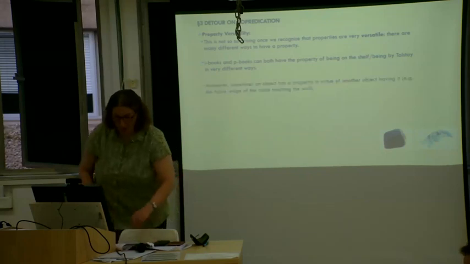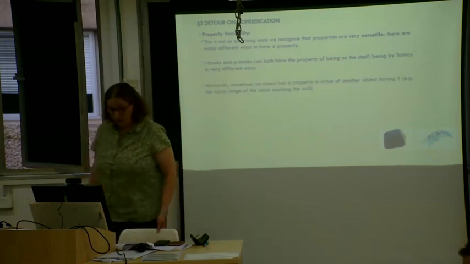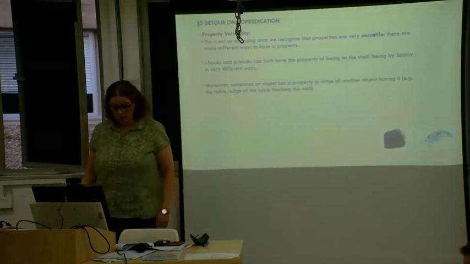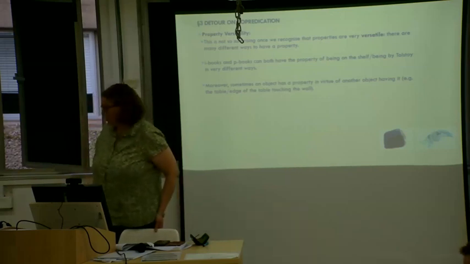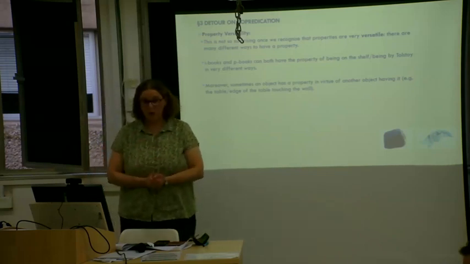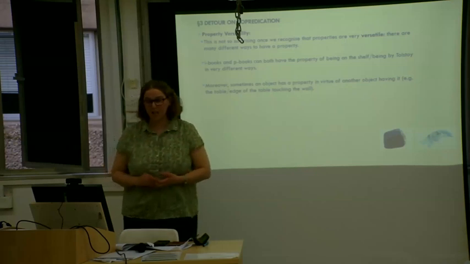Okay? A further thing that's worth remembering is that sometimes when two objects share a property, one of them has the property in virtue of another one. So if the desk is touching the wall, it's also going to be true that the edge of the desk is touching the wall.